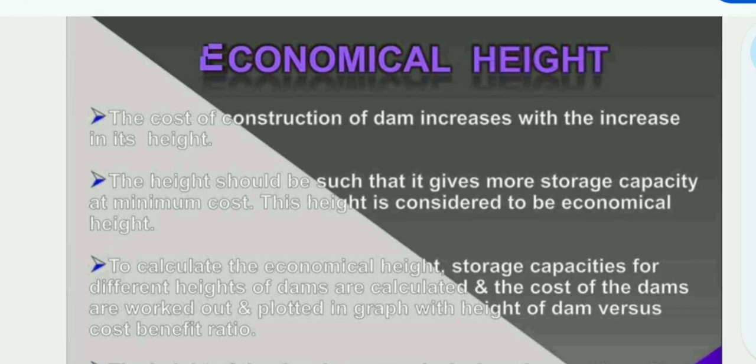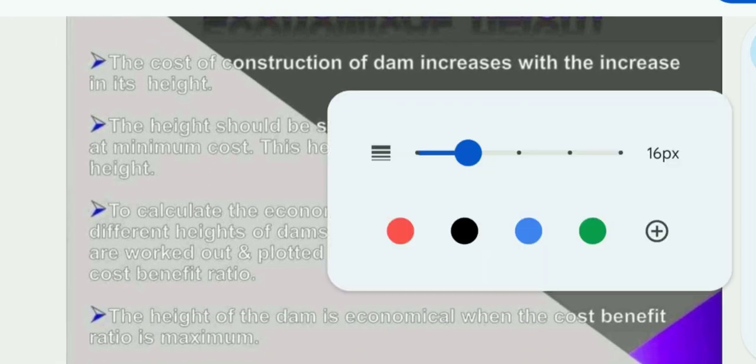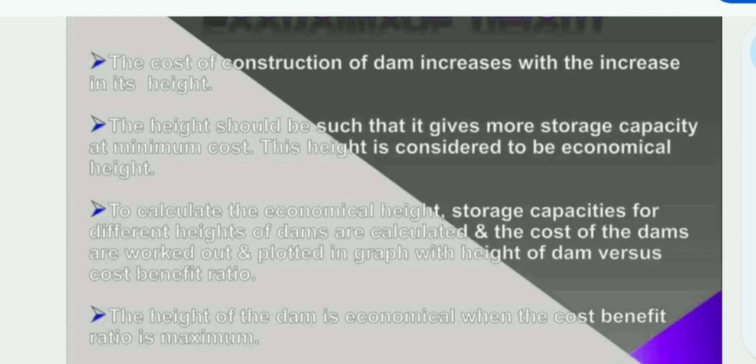Economical height. The cost of construction of a dam increases with the increase in its height. The height should be such that it gives more storage capacity at minimum cost. This height is considered to be the economical height.